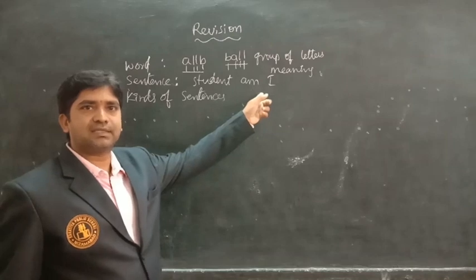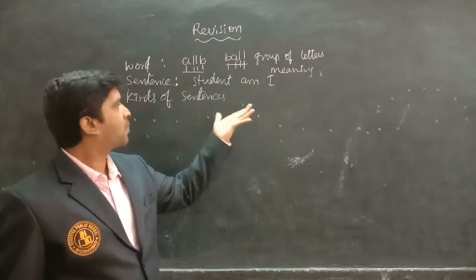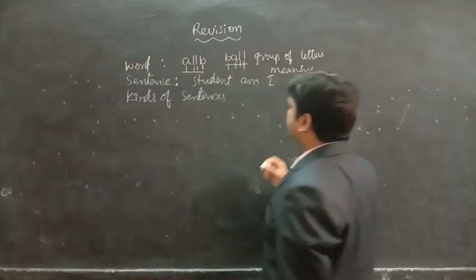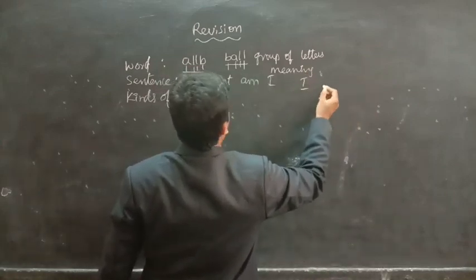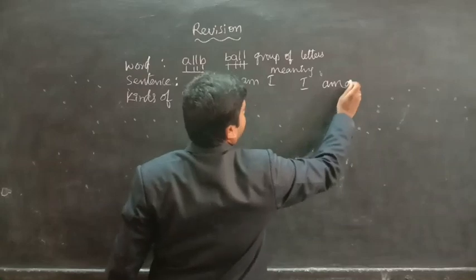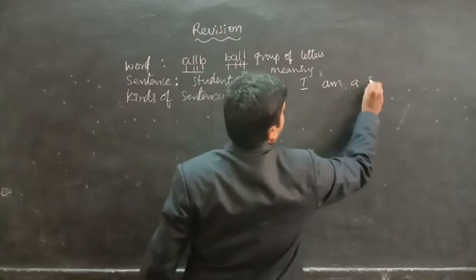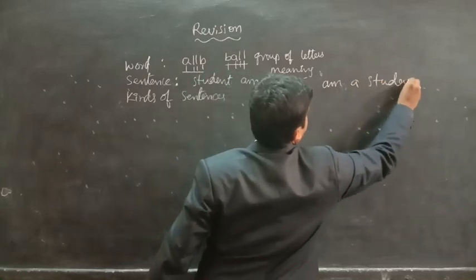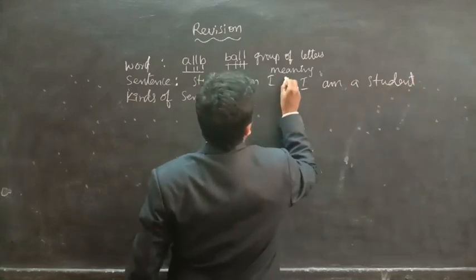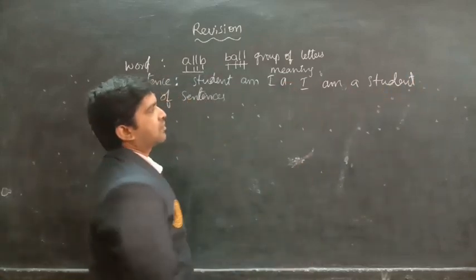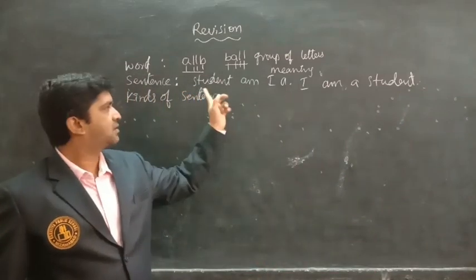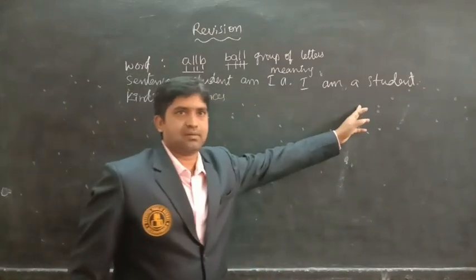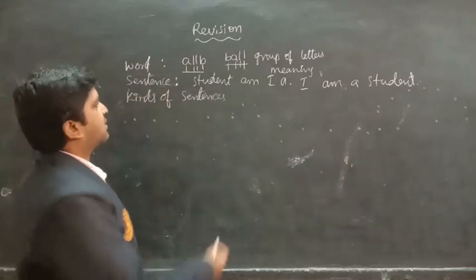Does this give any sense? No. If I write this in this way, "I am a student." Which one is giving the sense? This one or this one? This one.